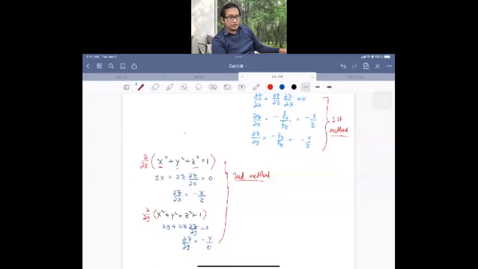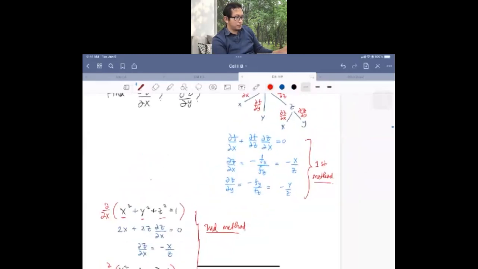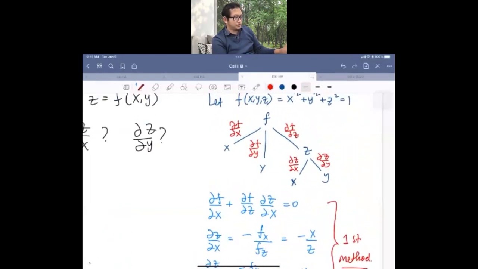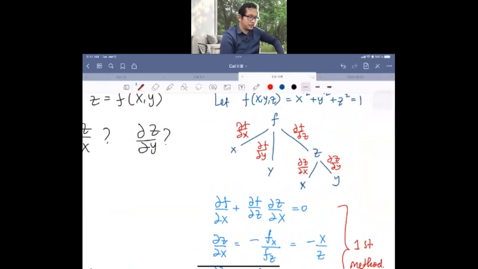Whenever you feel, probably with this first method, that you need to take on more details, you can start from the tree diagram. We start from this f. We have three variables, and from this z, we have two variables x, y.